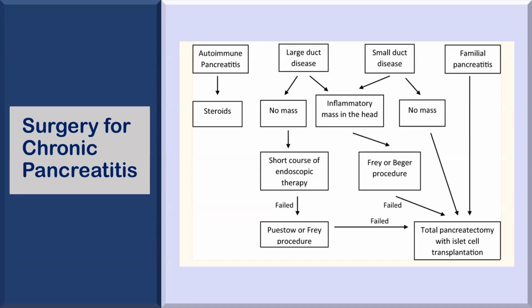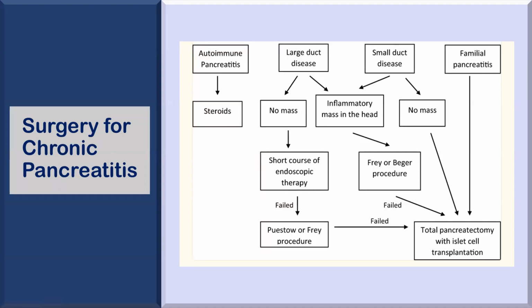All right. With these basic things, I have given you the algorithm already. The important thing to remember is a condition called autoimmune pancreatitis. I won't go into it, but it is associated with IgG4 immunoglobulin. It can be part of a systemic disease with many other autoimmune processes.